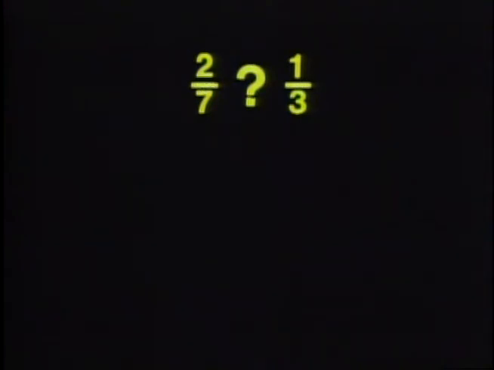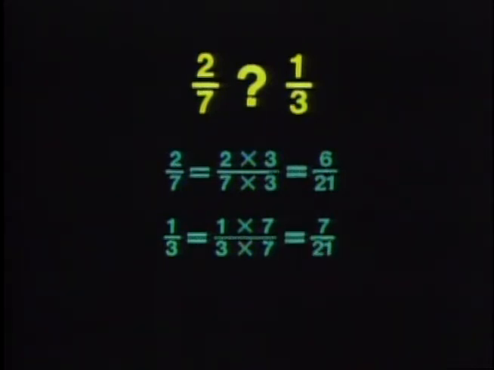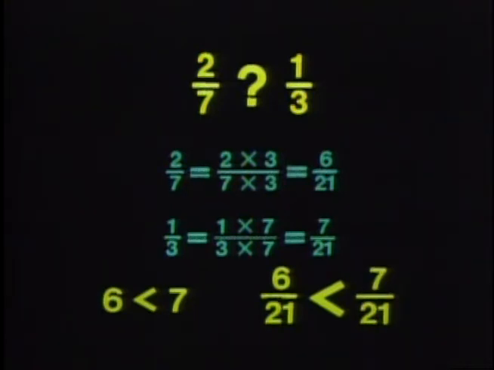And we note 2/7 equals 2 times 3 over 7 times 3, or 6 over 21. 1/3 equals 1 times 7 over 3 times 7, or 7 over 21. 6 is less than 7, so 6 over 21 is less than 7 over 21.